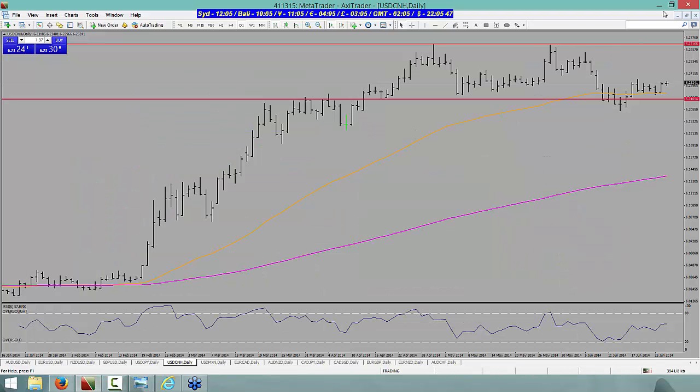Well, we know where you'd be targeting, you'd be up around here, and if you're looking at a 140 pip stop, there's about a 380 pip target roughly, or 350.